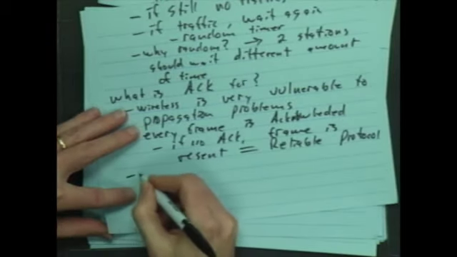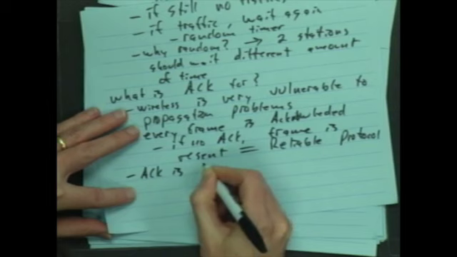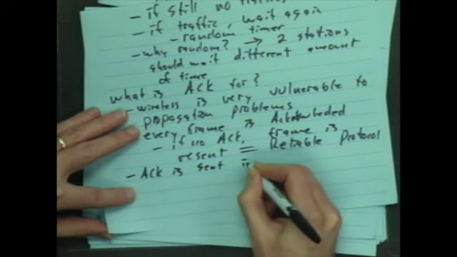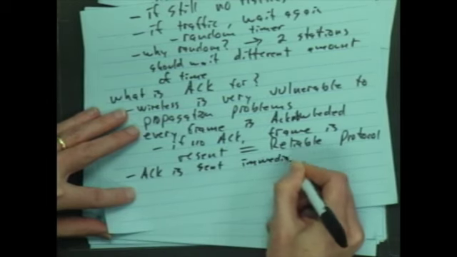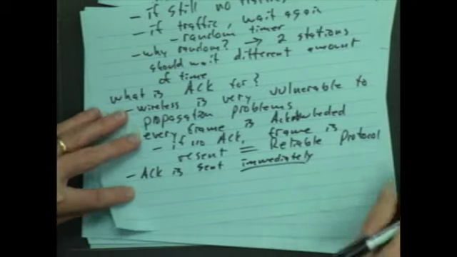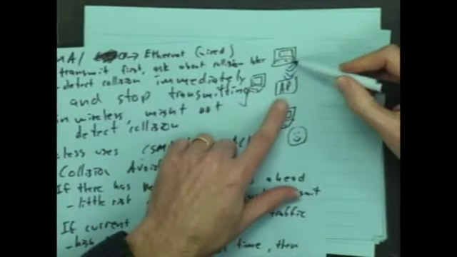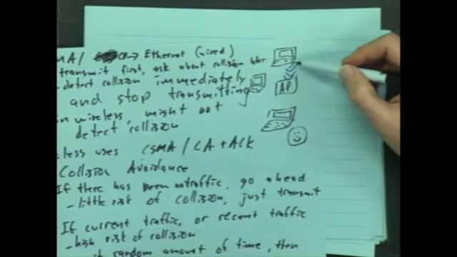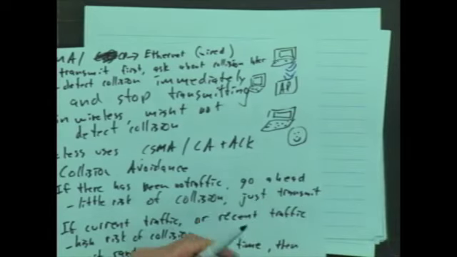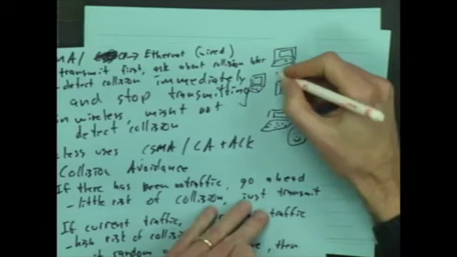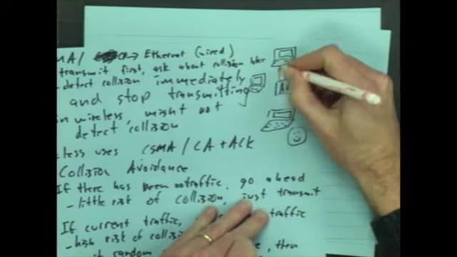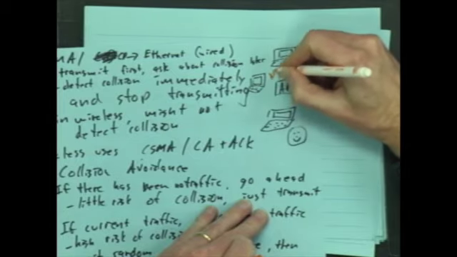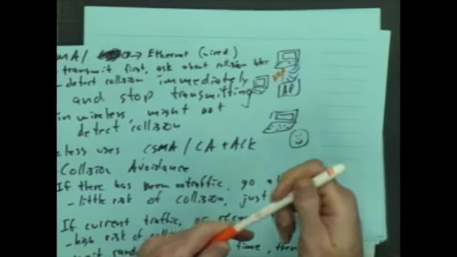Now, the ACK is sent immediately. So if I go back to here, if my friend here, this is the other person on the network, if they were sending, remember I told you I was worried about a reply, because immediately the access point will send the acknowledgement.